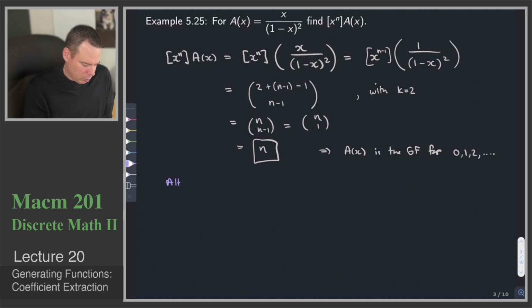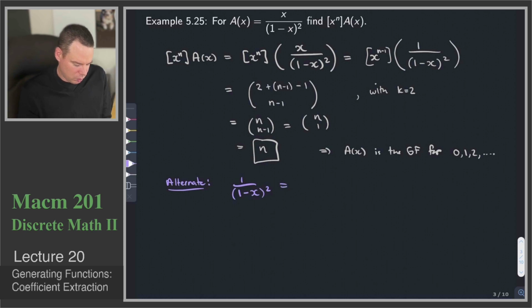Let's look at it from an alternate perspective. So an alternate method for solving the same problem. In my first method, I just worked with the coefficient extraction function. In this one, why don't we just work with the whole series? I'm going to start with a generating function I know, 1 over 1 minus x squared.